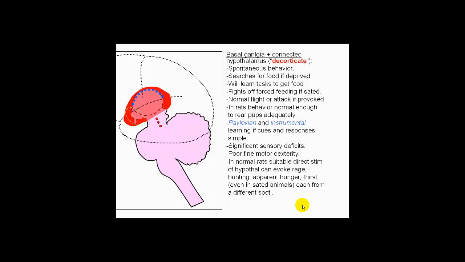Now it's got two different kinds of learning, which is a good time for me to mention. There are two major kinds of learning that psychologists study and that we ourselves do. One of these is like Pavlov's dogs, which most of you have probably heard about. If you present food to a normal dog, it salivates like mad.